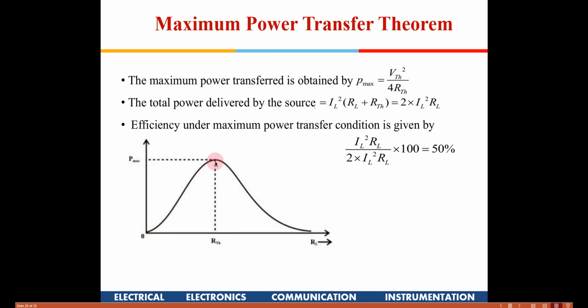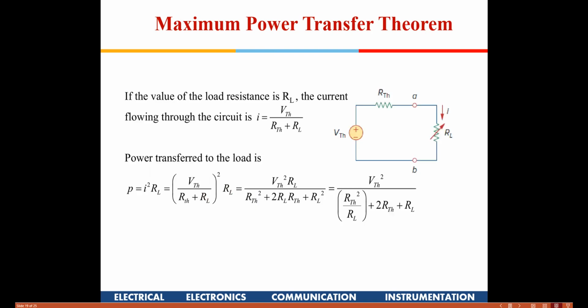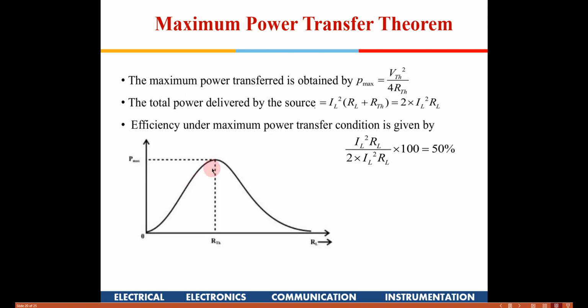Okay. So it is not that you will always get this curve. This is for a finite RTH. If RTH is 0, then the curve changes. It will keep increasing as you keep decreasing RL, because power is V squared by RL, right?